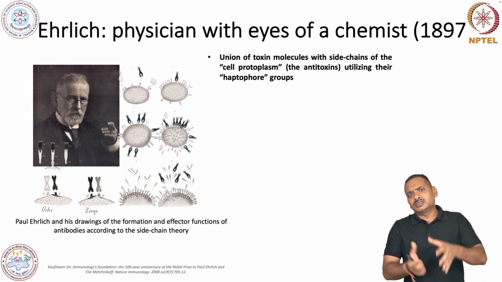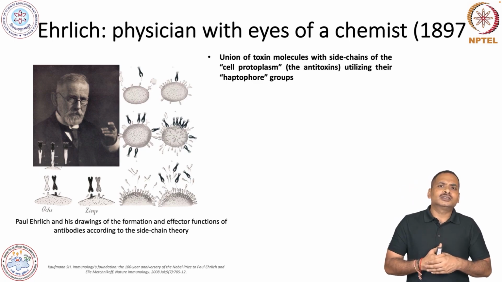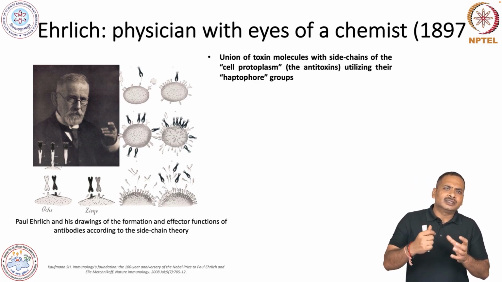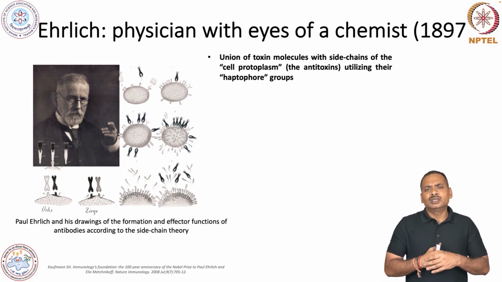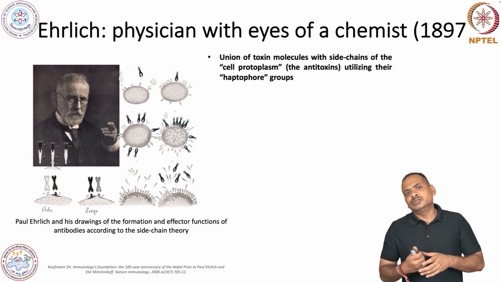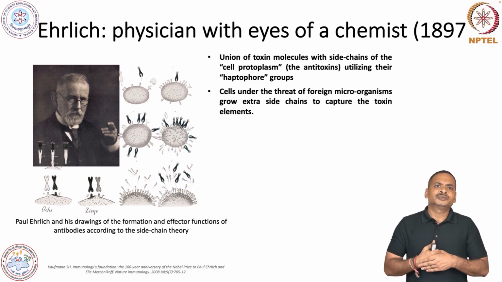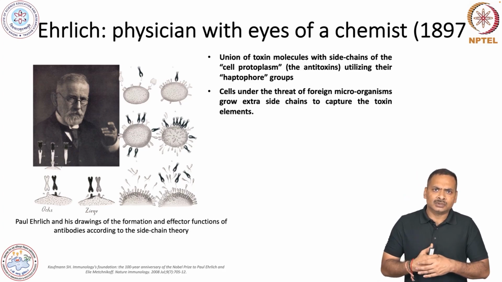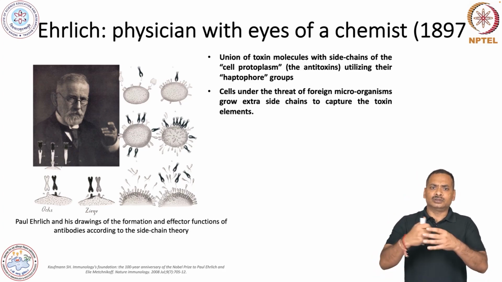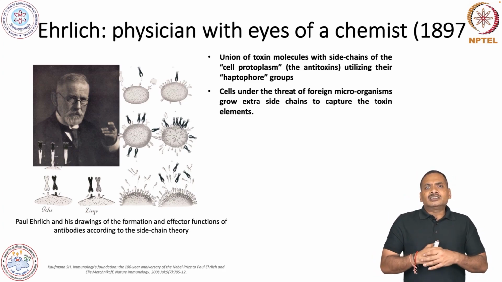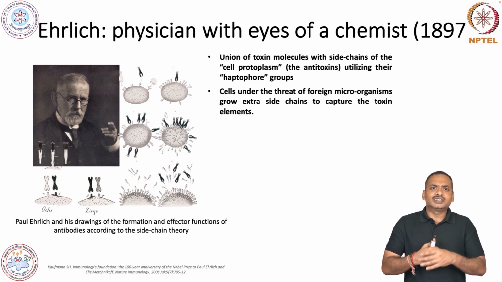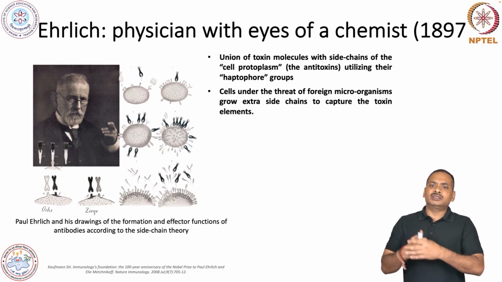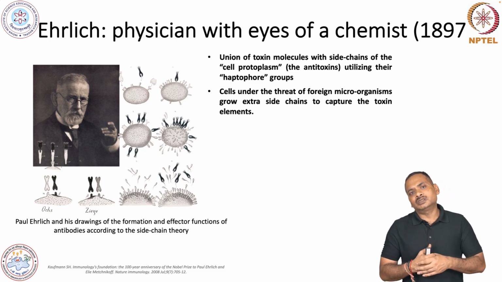So the molecule which is generated over the cell binds with the foreign substance or toxin, and he called it a haptophore, and this molecule basically neutralizes the foreign substance or pathogen or molecule. Okay, so a cell under threat of foreign microorganisms grows this extra side chain to capture the toxin or the microbe.